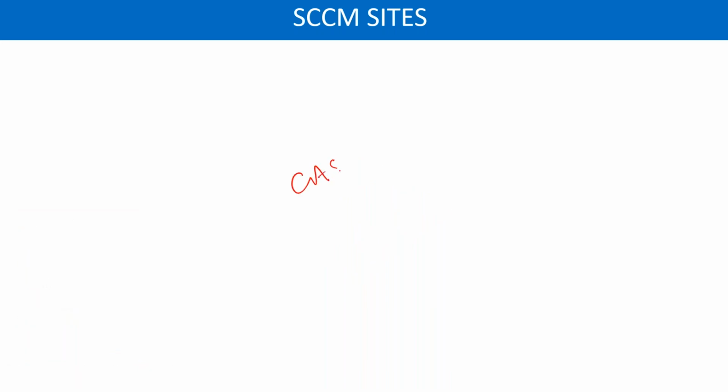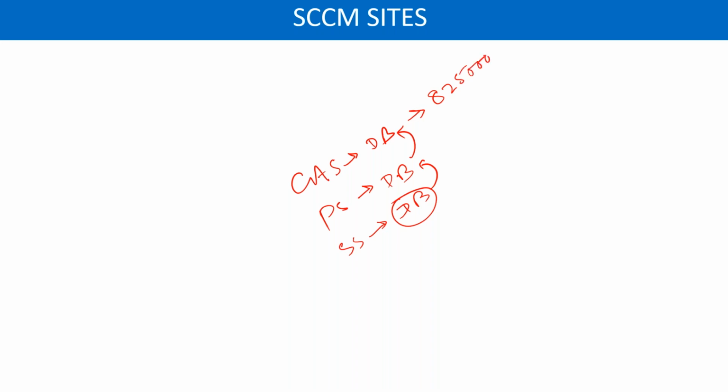Central administration site needs database, right? Primary site needs database. Secondary site needs database. Data replication happens from here. Okay. Central administration site, maximum number of client it supports is 825,000 client computers.